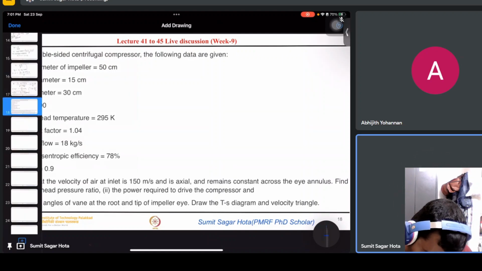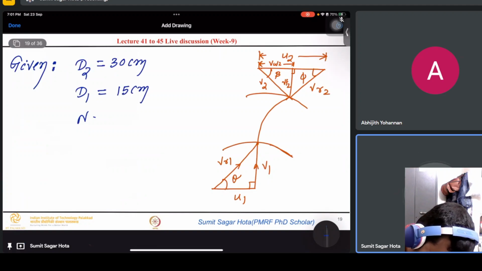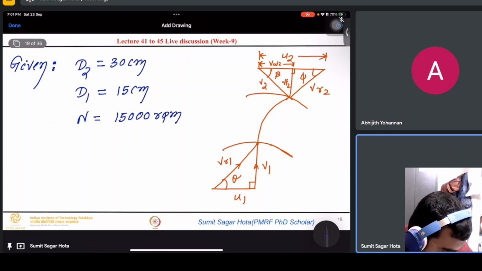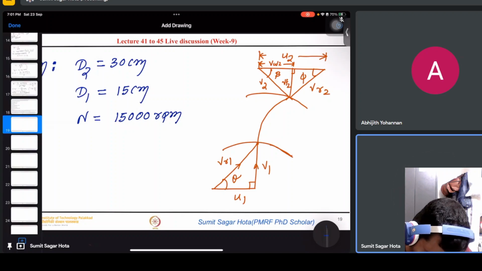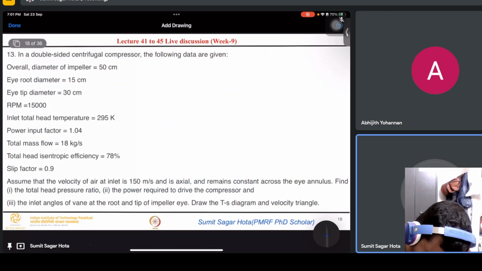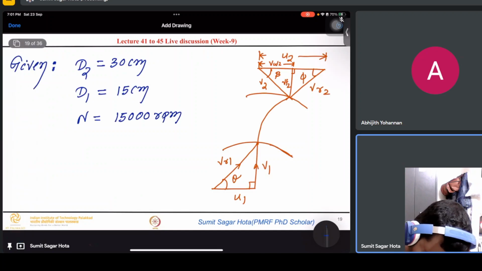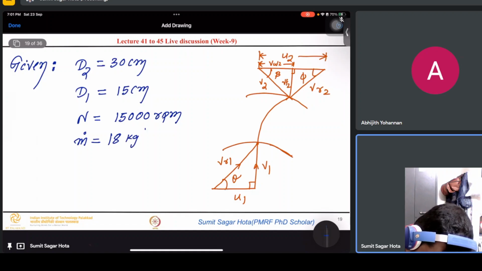RPM 15,000, so N is equal to 15,000 RPM. Then m dot 18 kg per second, and inlet temperature T1 295 Kelvin.